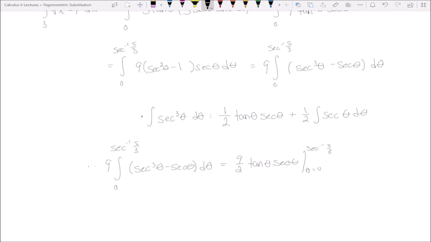Right, we're going to have minus 9/2 secant theta plus 9/2 secant theta minus 9. This should leave us, I'm trying to follow along with what I did.